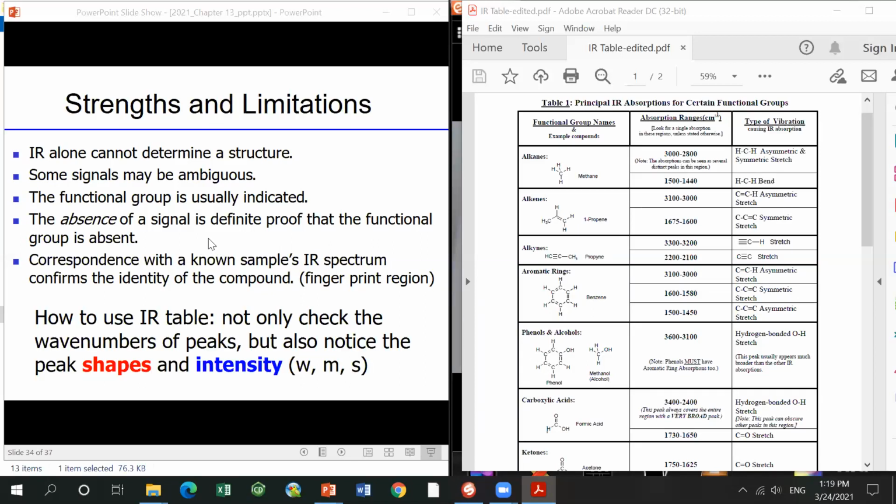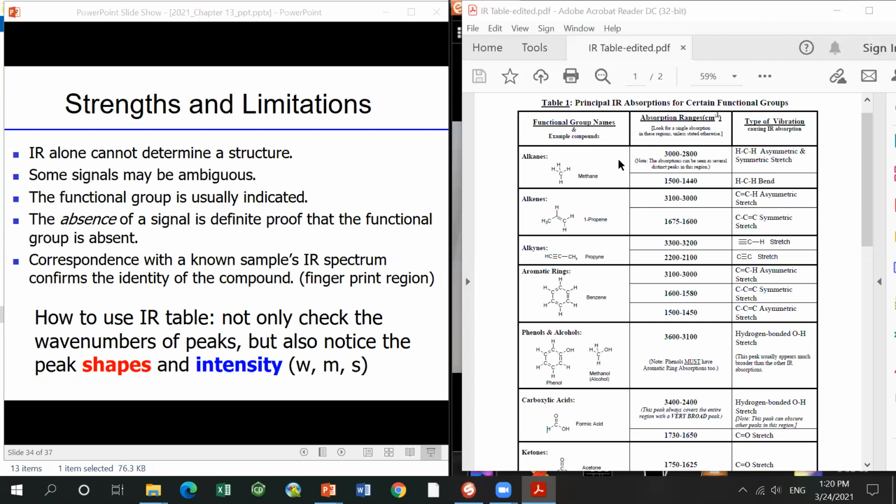Okay, and then there is one important thing, so please write it down. With IR, you should not only try to memorize and look at the frequency, but you also need to look at the peak shapes and the intensity. So write it down.